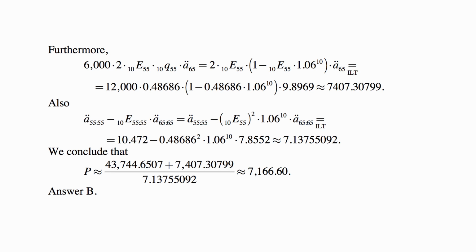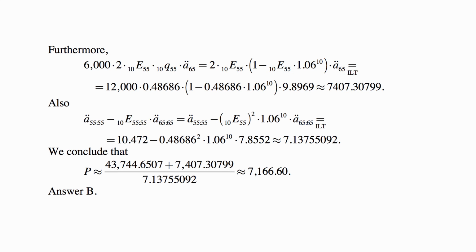Finally, the annuity factor that is in front of the premium, that was ä55:55:10 angle. Well, that's the same as ä55:55 minus pure endowment 10E55:55 times ä65:65.